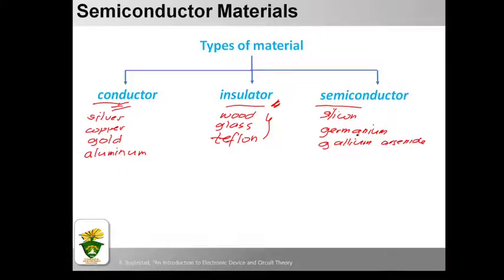So these are the prominent examples of semiconductor materials. The level of conductivity also varies upon doping. We will also learn about what doping is in a later session.